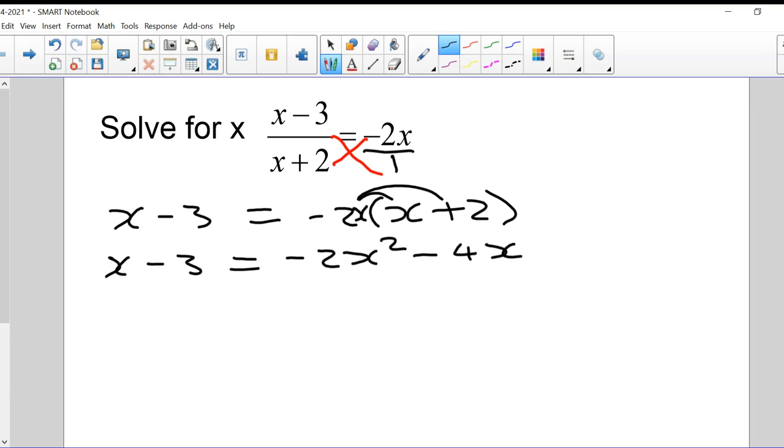So having everything equal to 0 is not a bad idea. So let's bring everything over to the left. I'm going to have positive 2x squared, positive 4x, and then plus x minus 3 equals 0. I just brought the minus 2x squared and the minus 4x onto the left as a plus, and now it's all equal to 0.